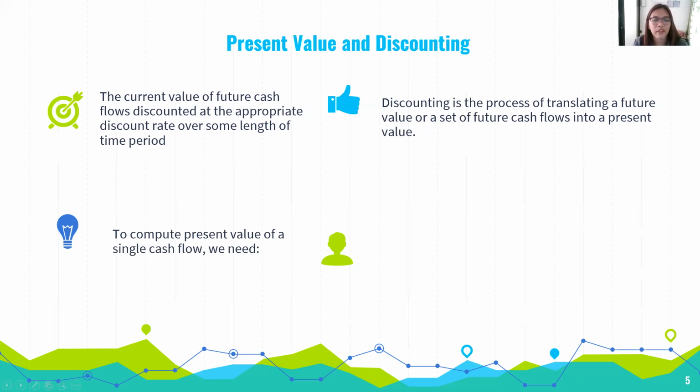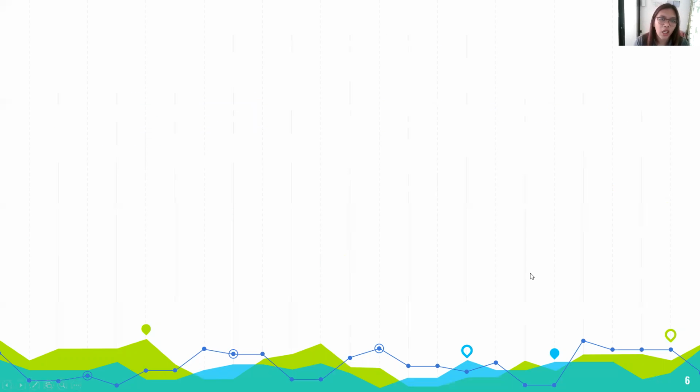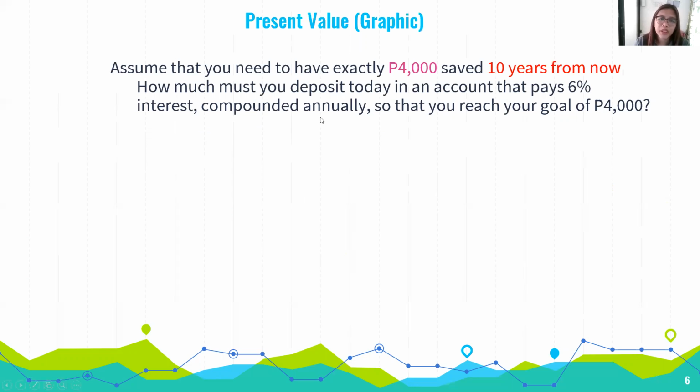To compute present value of a single cash flow, we need future value of cash flows, we need interest rates, and time periods. This is the formula. Okay, let's go directly with the problem. Okay. Assume that you need to have exactly 4,000 saved 10 years from now.